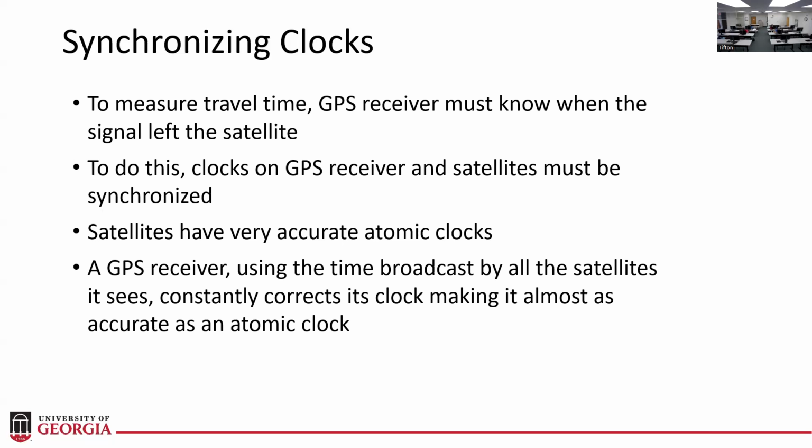So you're receiving multiple signals with information from multiple satellites, multiple times per second. So it does a pretty good job of mitigating this error caused by the poor accuracy of the clock on your GPS receiver.